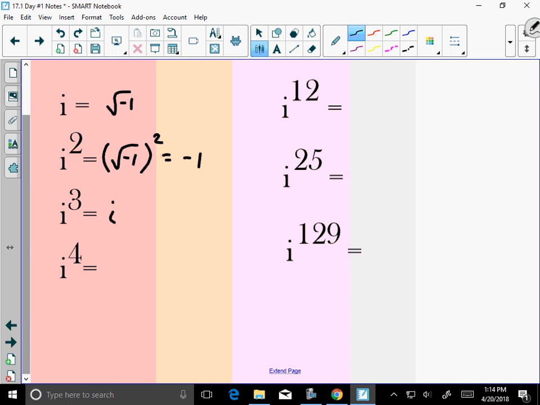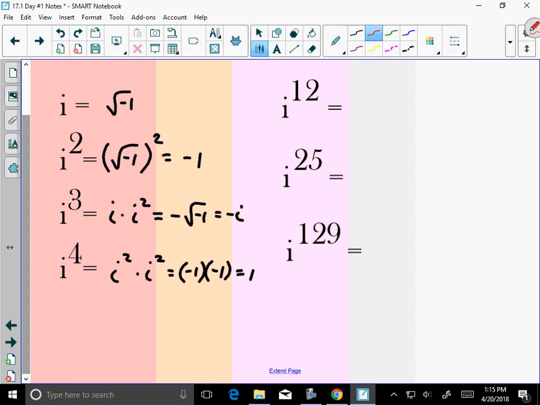So if I take i times i squared, I get negative square root of negative 1, which is negative i. Right? And the best way I think of i to the fourth is i squared times i squared, which is negative 1 times negative 1. So it comes back to 1.